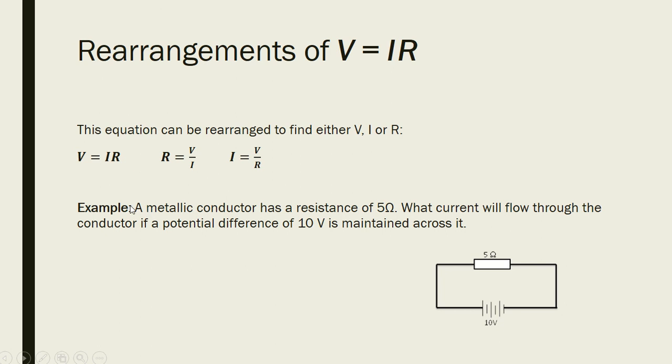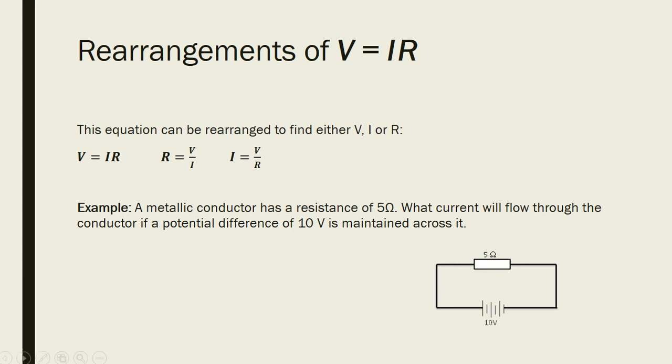Now, in this example, a metal conductor has a resistance of 5 ohms. So this is a circuit. This is a power supply of 10 volts. There's a resistor of 5 ohms. What current will flow through the conductor if a potential difference of 10 volts is maintained across it? In this problem, we're trying to find the current.